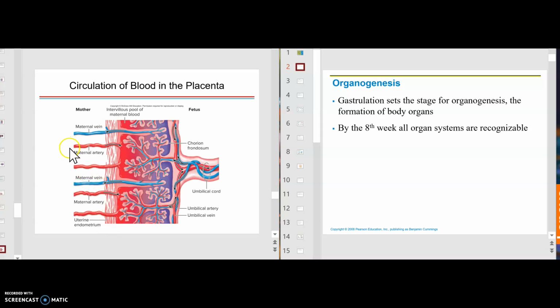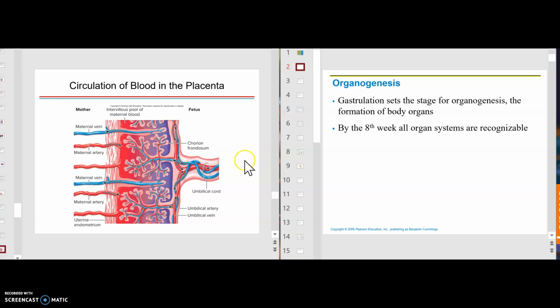All right. Here is the maternal artery sending blood in to these villus spaces. It is oxygenated and nourished. Okay? Maternal arteries. Now, in the umbilical cord, here's the umbilical cord here. Right here, coming in, here's the umbilical artery. Should be 2 arteries and an umbilical vein.